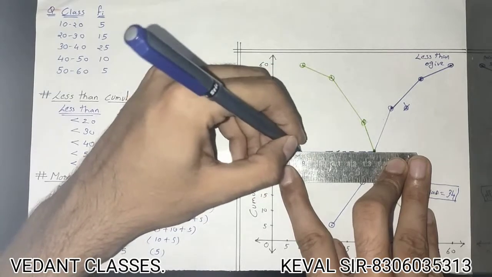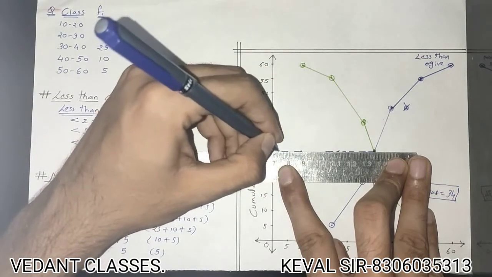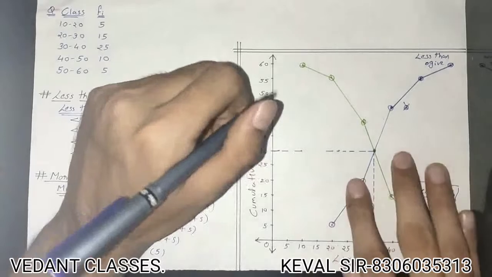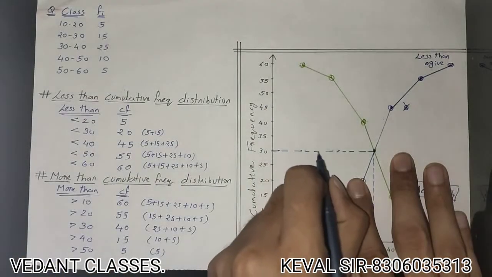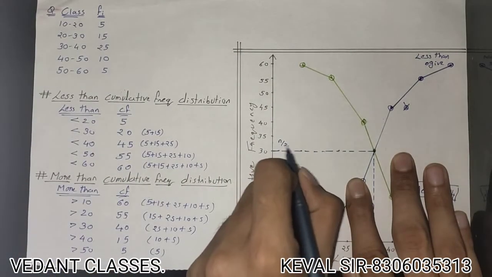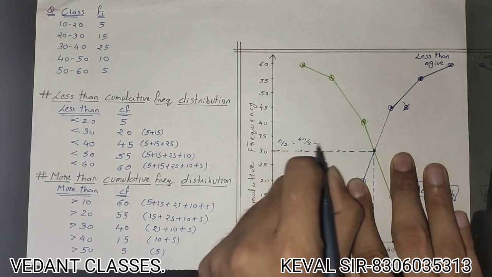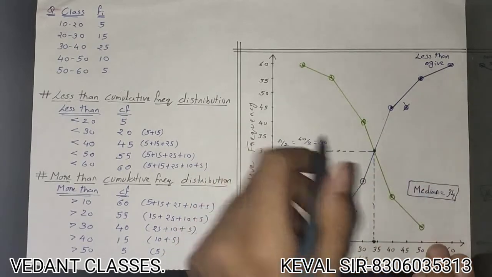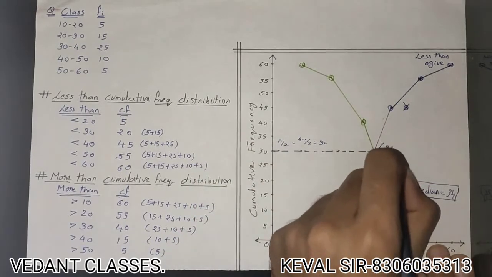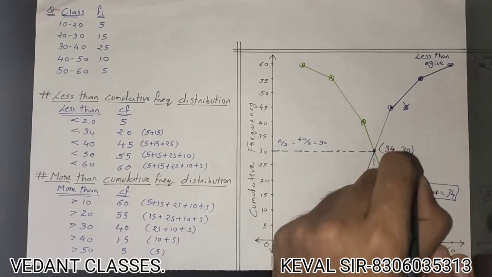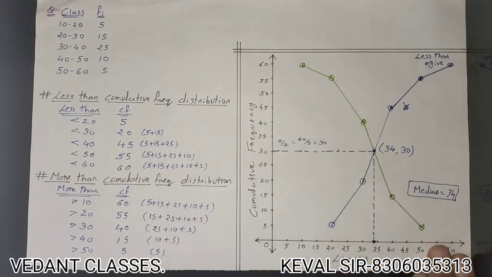This is the value of n by 2, that is 60 by 2, so that will be 30. So this point that we got is 34, 30. So that satisfies the condition.